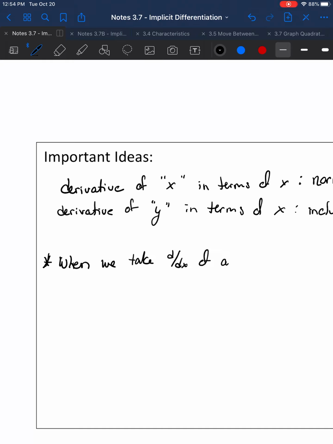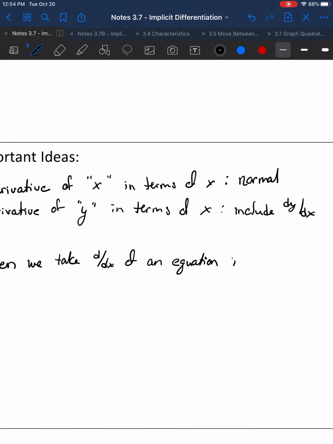Now, these first 3 problems are not what you're going to be asked. I mean, it's part of what you're going to be asked to do today.